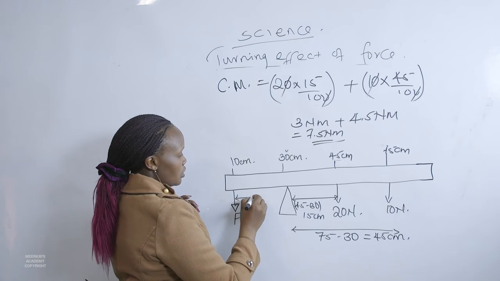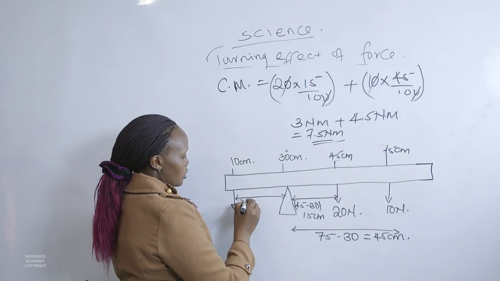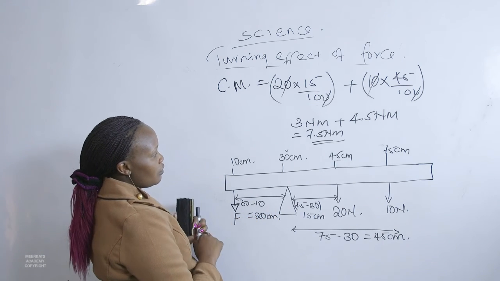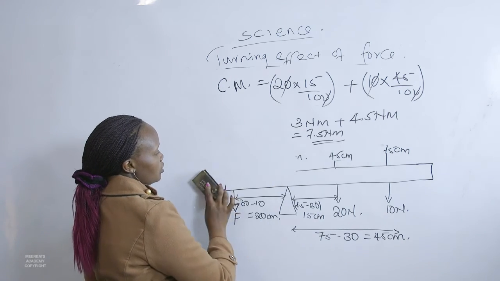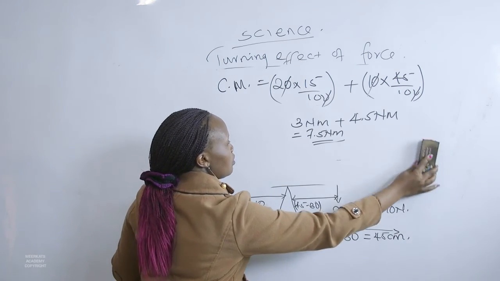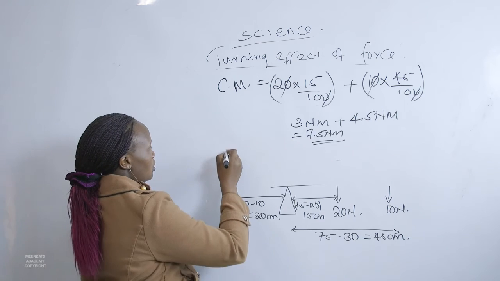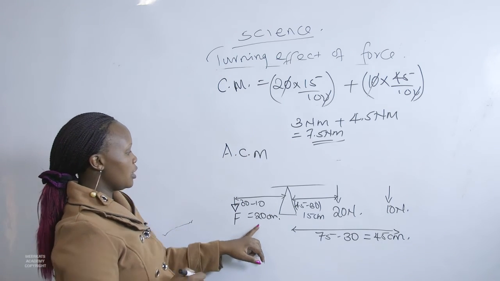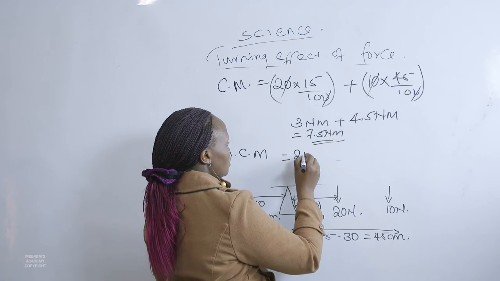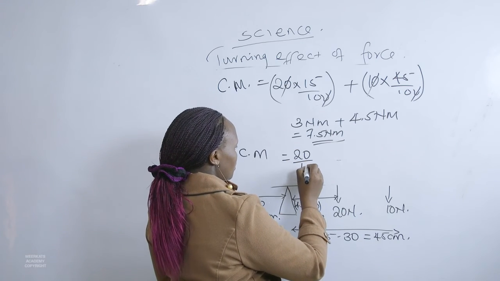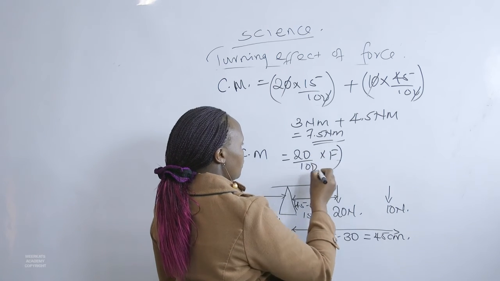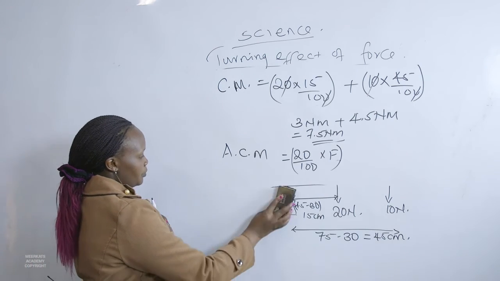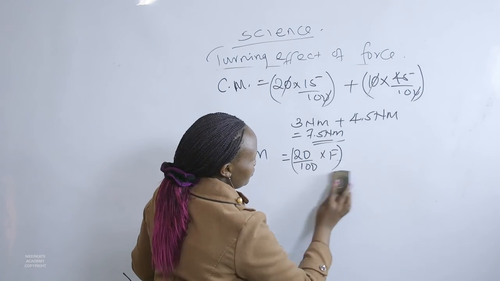We consider this distance here, which will be 30 minus 10, giving us 20 centimeters. Therefore, anti-clockwise moment is given by 20 over 100 multiplied by F, which we want to calculate.